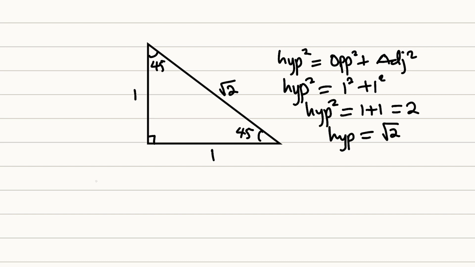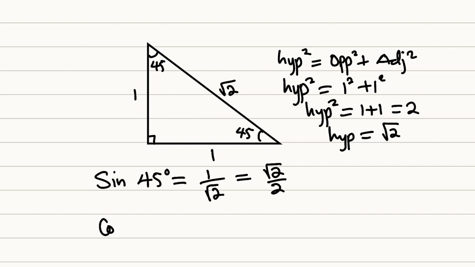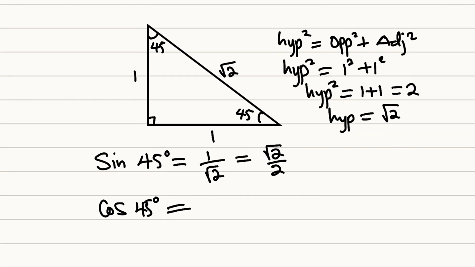So let me start with sine ratio. Sine of 45 degrees, remember it is equal to opposite divided by hypotenuse. The opposite is 1 and the hypotenuse is root 2. If you rationalize the denominator, you will have root 2 divided by 2. Then for cos of 45 degrees, it will be equal to the adjacent divided by the hypotenuse. The adjacent is still 1 divided by the hypotenuse, which is root 2.